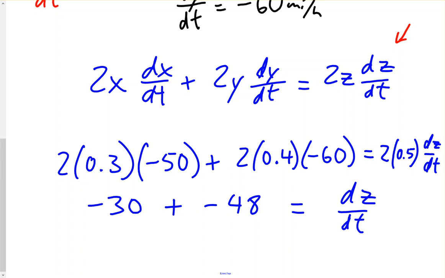And negative 40 plus negative 30 plus negative 48 is negative 78 is equal to dz/dt.